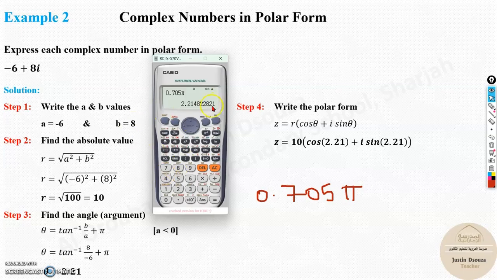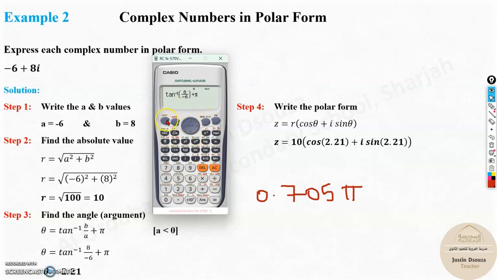So this is a big procedure, right? First, you need to write in degrees, all that. To avoid this, I'll repeat again, the simplest method would be write the formula, write the substitutions, and feed it in your calculator. That is shift tan 8 divided by -6, close the bracket, and plus pi. Don't put in 180, keep it in pi.